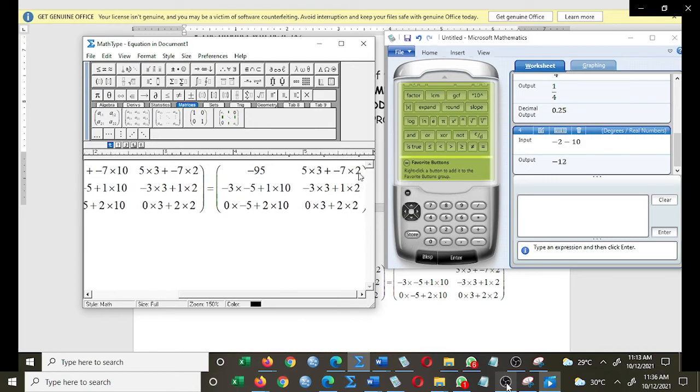And what about this now? That is 15. 15 and negative 14, that's 1. 15 and 10 is 25. That's negative 9 and 2, negative 7. That's 0 and 20, 20 and 4.